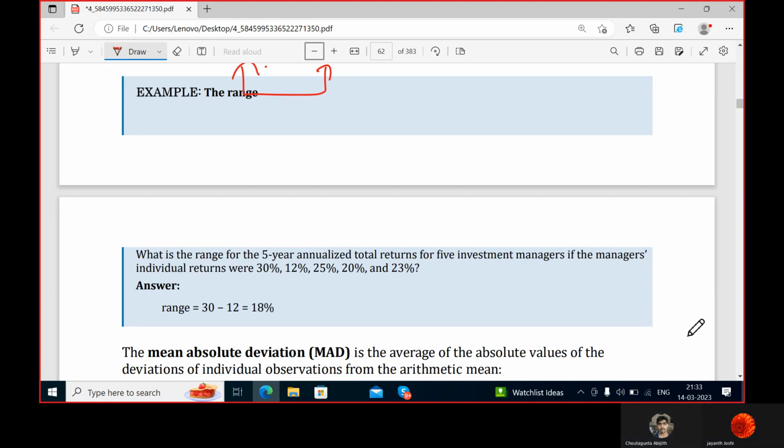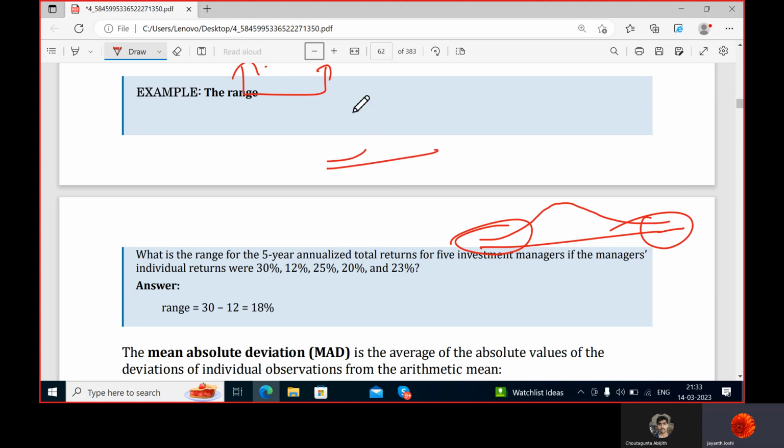Dispersion is the extent to which a distribution is stretched or squeezed. That means if I take this, the distribution is very much stretched, so you find a lot of data here. If I take this, the distribution is very much squeezed. A lot of data is here near the mean, correct? That's what dispersion is.